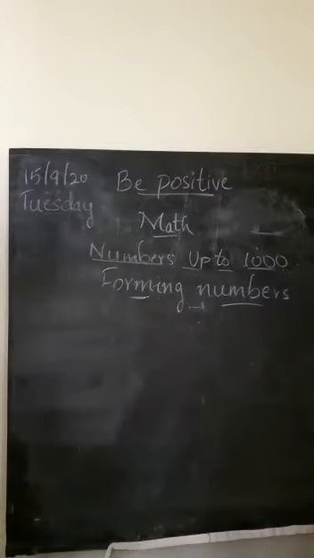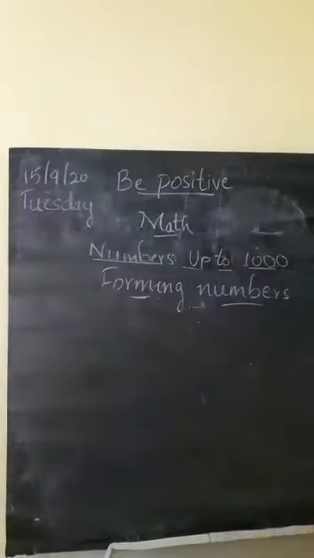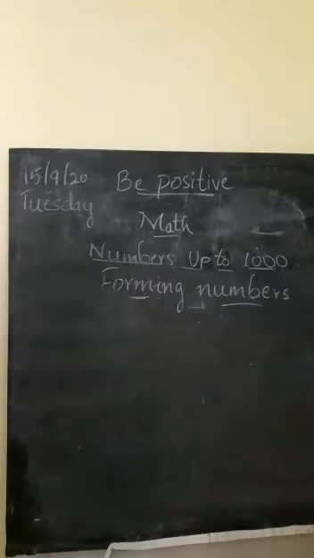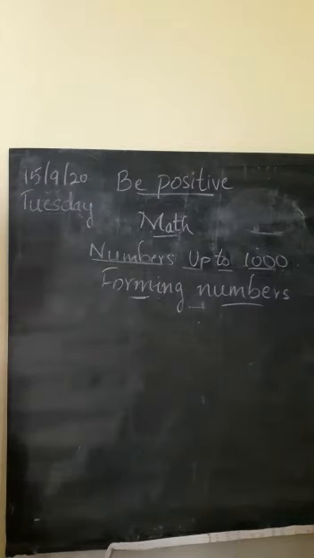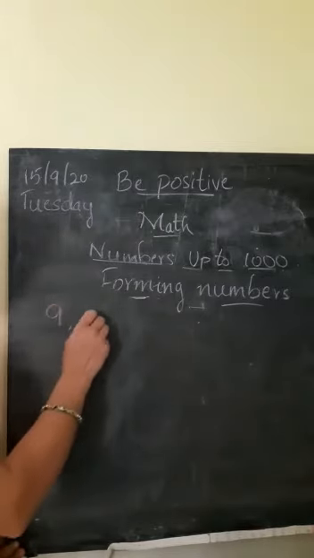Now let us start the second one. In this, you can see: form the greatest and the smallest 3-digit number using the given digits in each of the following. One has been done for you. Using the digits 1, 2 and 3, the greatest number is 321 and the smallest number is 123. Now let us form the greatest and smallest for the digits 9, 4 and 2.